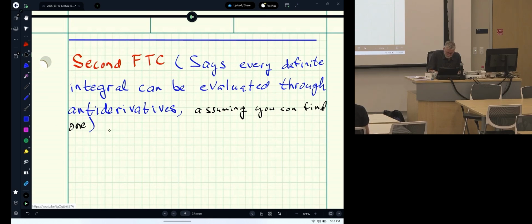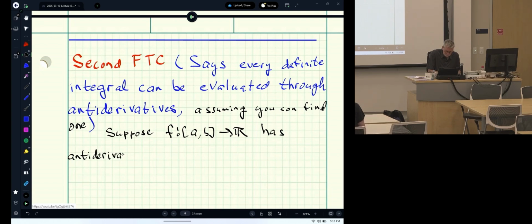So here's what the theorem says. Suppose little f on our interval [a, b] to R has antiderivative capital F of x.